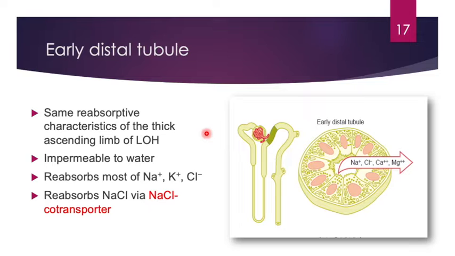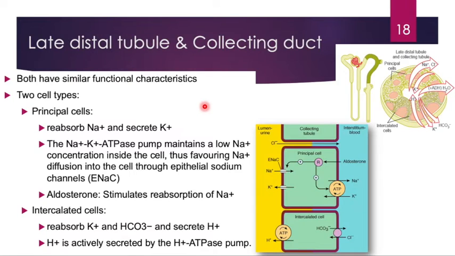The early distal tubule has the same reabsorptive characteristics as the thick ascending limb, meaning it does not reabsorb water, but it reabsorbs most of sodium, potassium, chloride, calcium as well as magnesium, whereby sodium chloride is reabsorbed via the sodium chloride cotransporter.